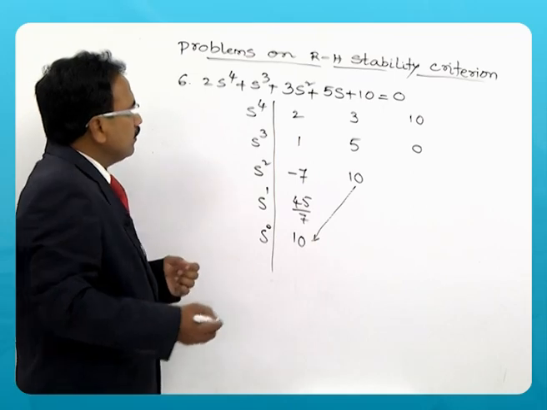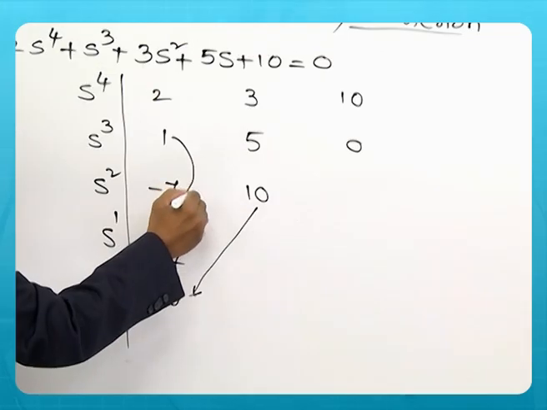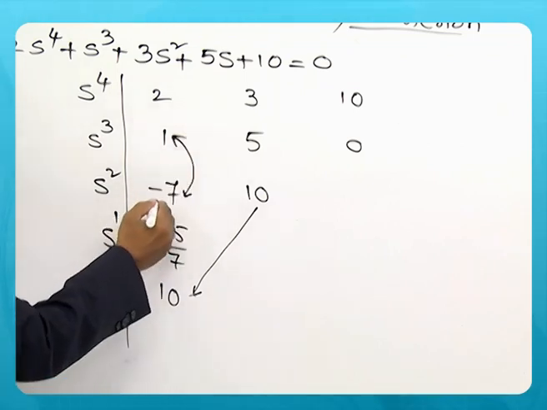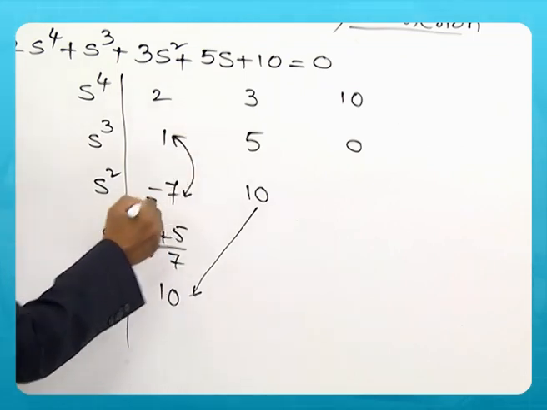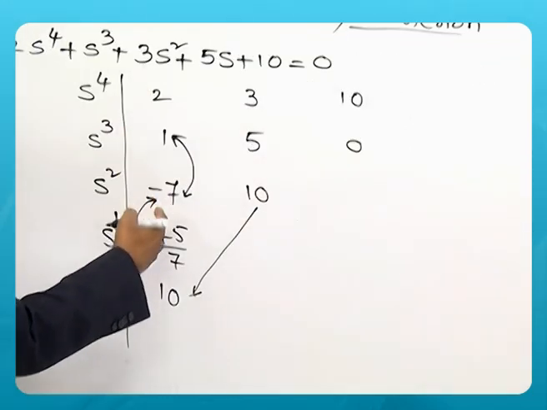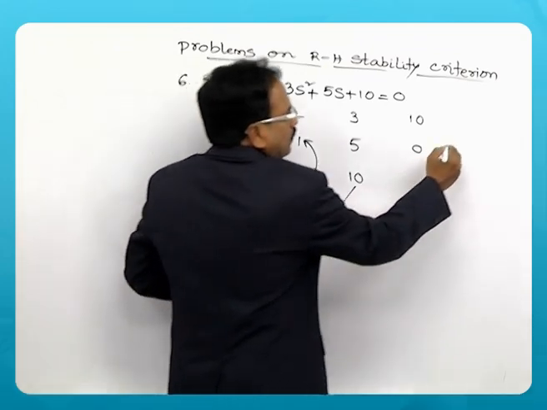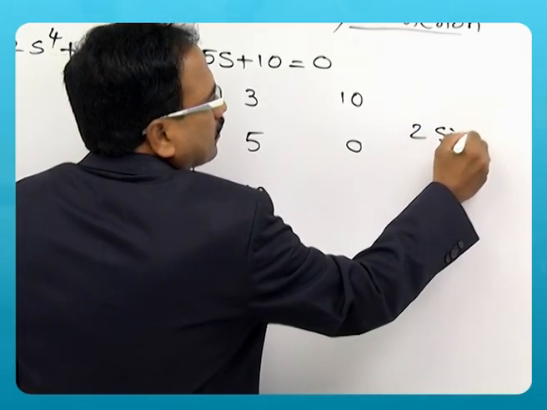Now you can see here there are two sign changes: one from 1 to minus 7 and the other from minus 7 to plus 45 by 7. So two sign changes, plus to minus and minus to plus.